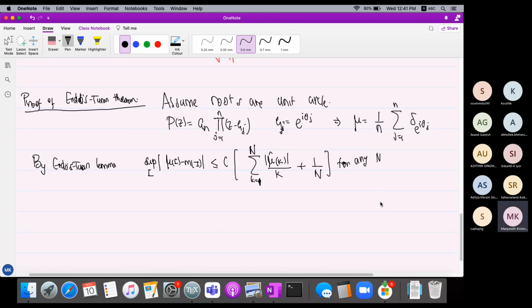We have to choose an appropriate capital N; we will come to that. This is true for any N by the Erdős–Turán lemma.